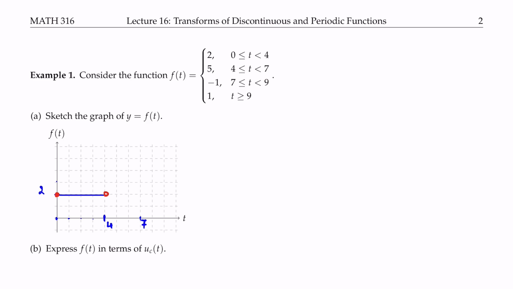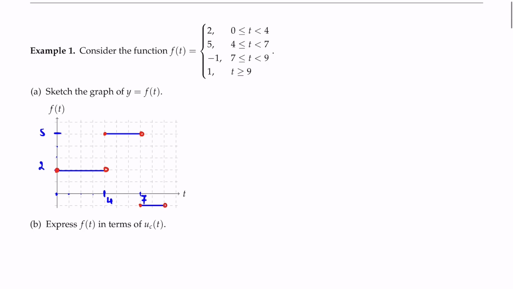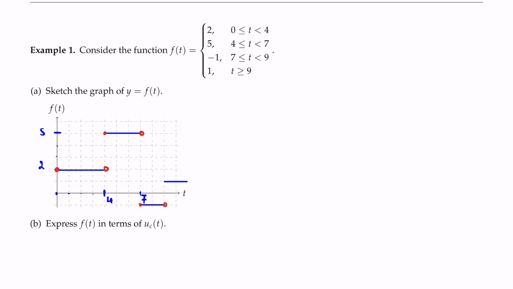So the function is 3, 4, 5, from 4 to 7. t is greater than or equal to 4, so you have a closed circle here, open circle here. Between 7 and 9, when t is greater than or equal to 7 and less than 9, the function is -1. Closed circle here, open circle here. And when t is greater than or equal to 9, the function is 1, with a closed circle right here. So this is the graph of this piecewise defined function.